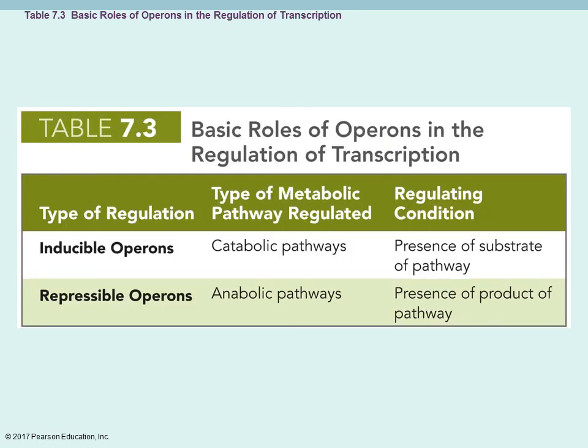And the bottom line, it allows the control of a group of genes as a single unit, which allows you to adjust very quickly to changing environmental conditions. So this table is just showing inducible operons usually are regulating catabolic pathways, and repressible operons are usually regulating anabolic pathways.